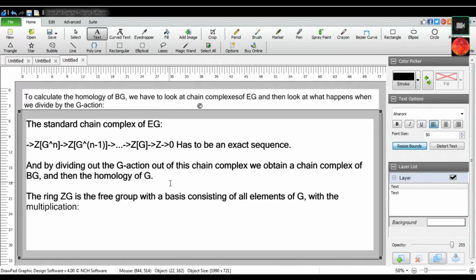What does this multiplication look like? We have some cG times some, I don't know, yH. This is just cy GH.